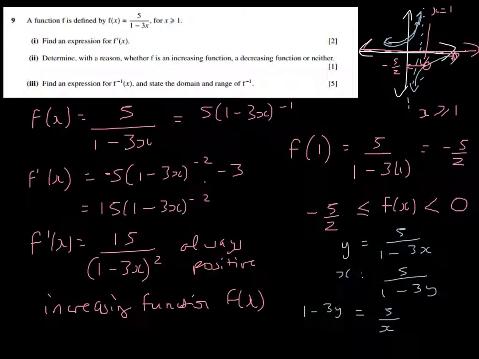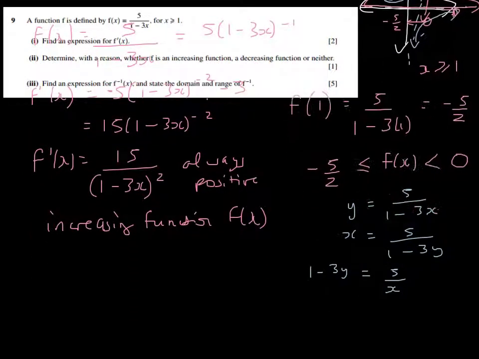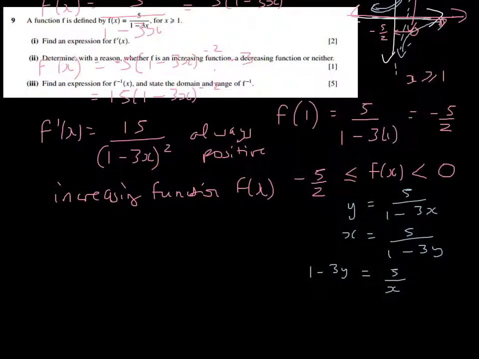Then I'm going to run out of space, aren't I? Let me move some stuff up while I can. Okay. So then negative 3y is going to equal 5 over x minus 1.